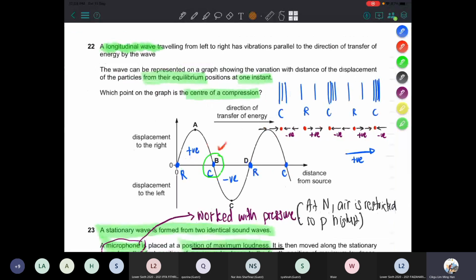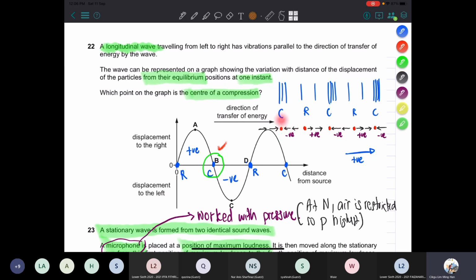Now you need to imagine that the center of the compression and the center of the rarefaction, they were not moving. So kirakan if you have a particle at point C, it will not move. And if you have a particle at point R, it will not move also. So what is actually moved is the particle between them.